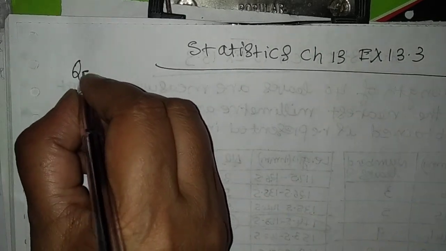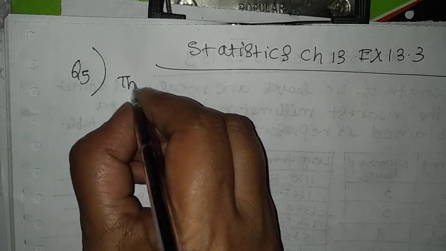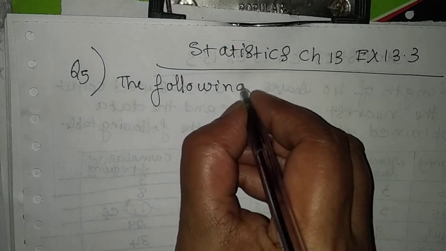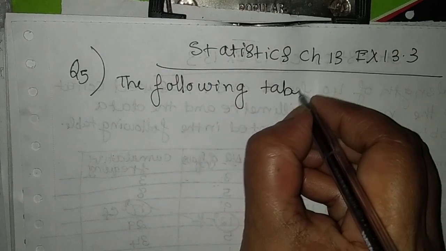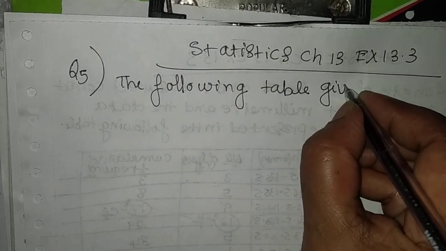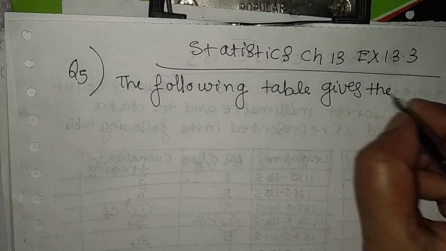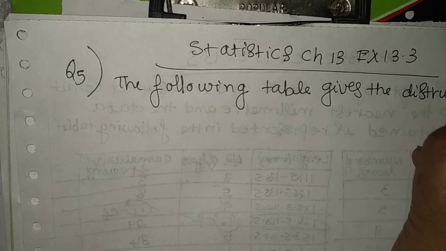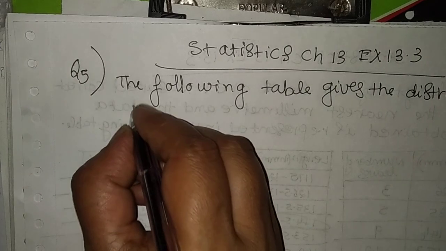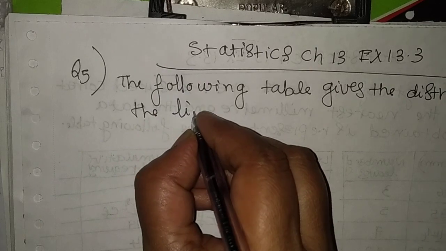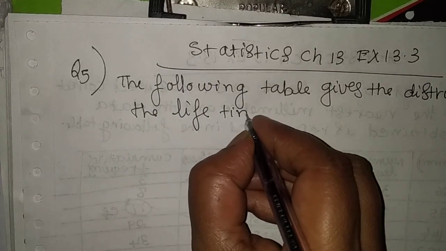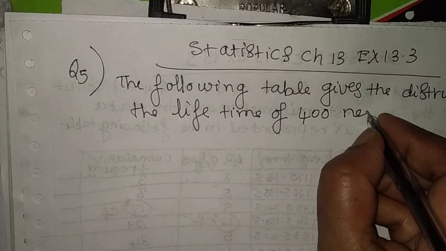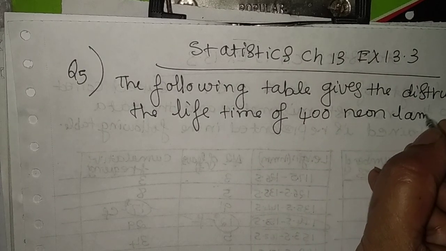Okay, question 5 is the following table gives the distribution of the lifetime of 400 neon lamps.